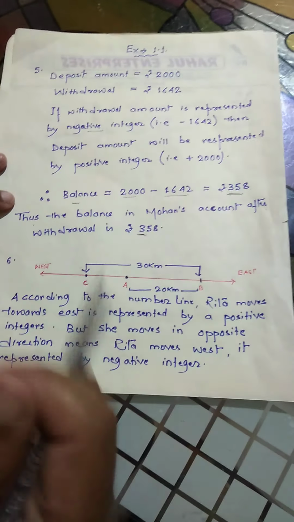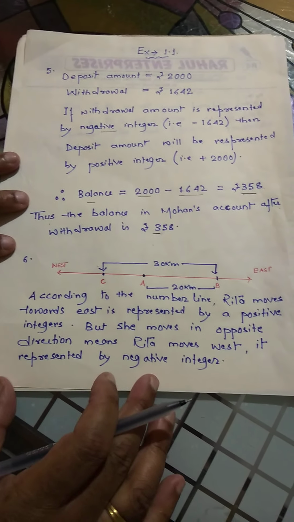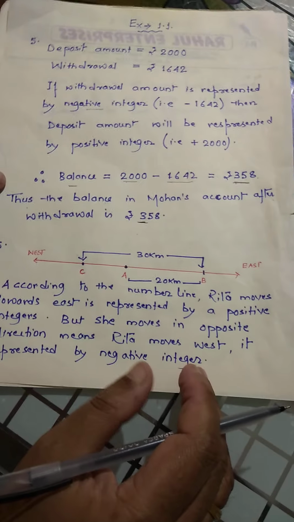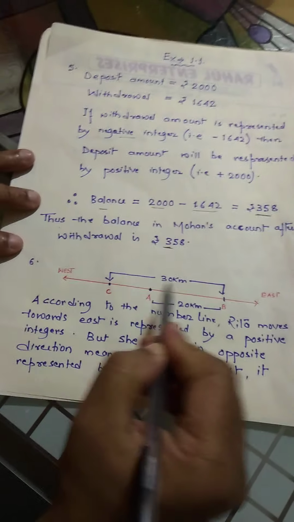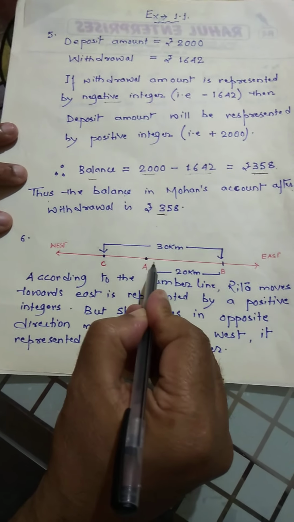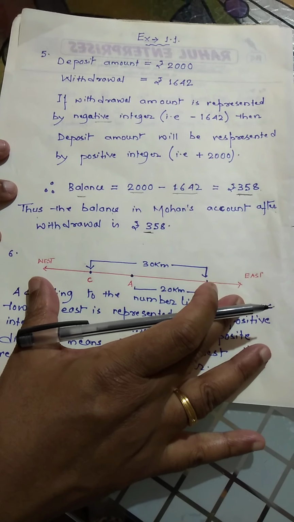With this concept we will enter the question. So what is the question? A girl named Rita goes 20 kilometer towards east from a point A. Suppose Rita was here, and she moves 20 kilometer towards east. So she is moving towards the positive side, isn't it? Because we are considering this as a number line also.